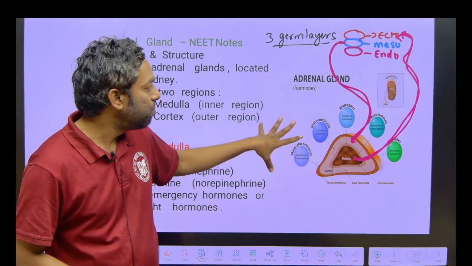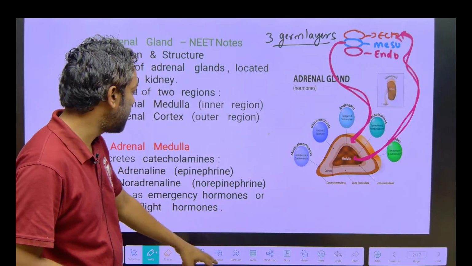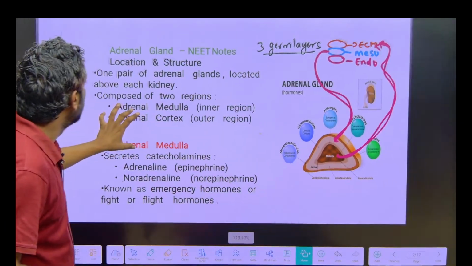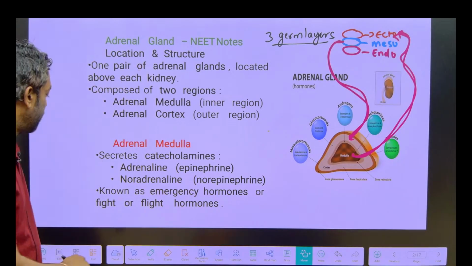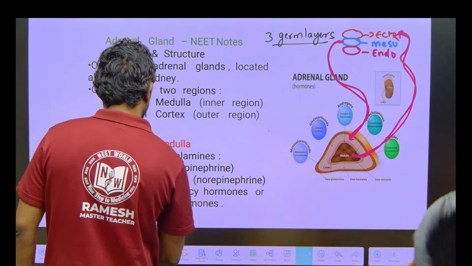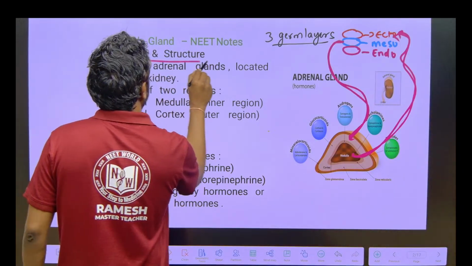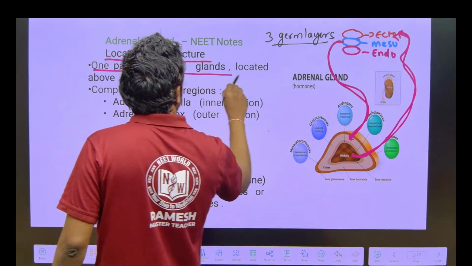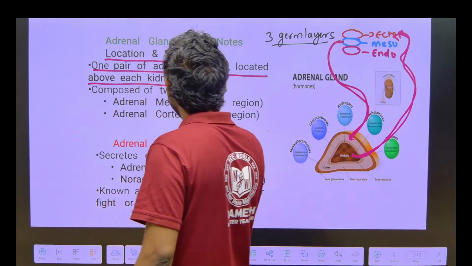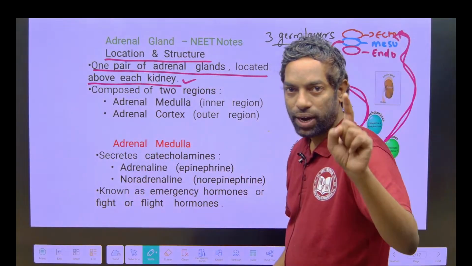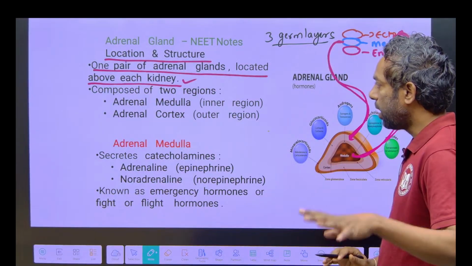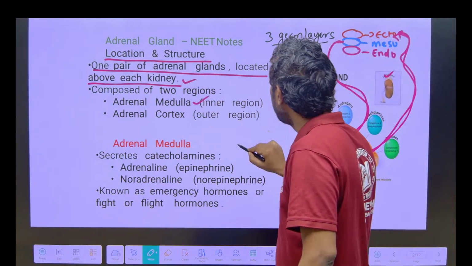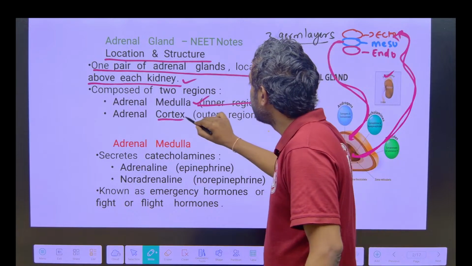I hope you understand the origin of the adrenal gland. Now the NEET points: location and structure. Where is it located? One pair of adrenal glands is located above the kidney. It is composed of the medulla as the inner region and the cortex as the outer region.